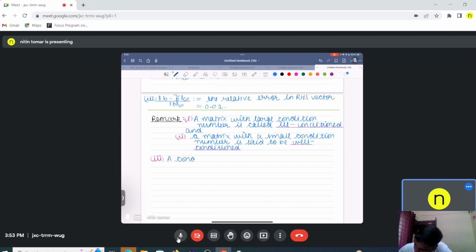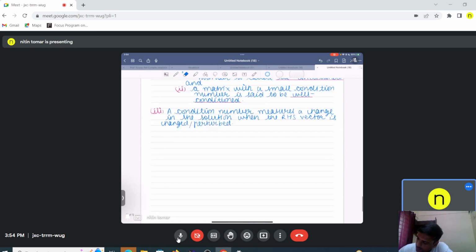A condition number measures the relative change in the solution when the right hand side vector is changed or perturbed.